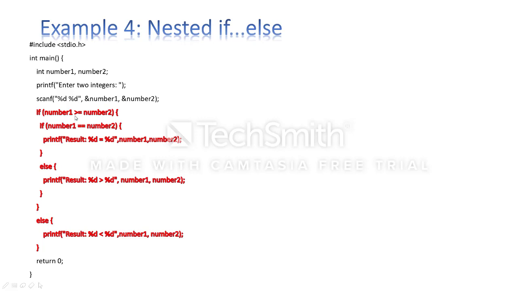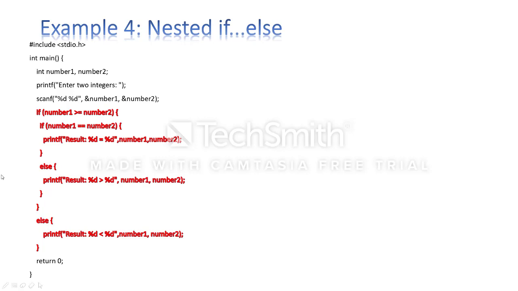I am entering 4 and 4 as the two numbers, so number 1 is equal to 4 and number 2 is equal to 4. Only then is the condition true. Otherwise I am directly entering the else statements.